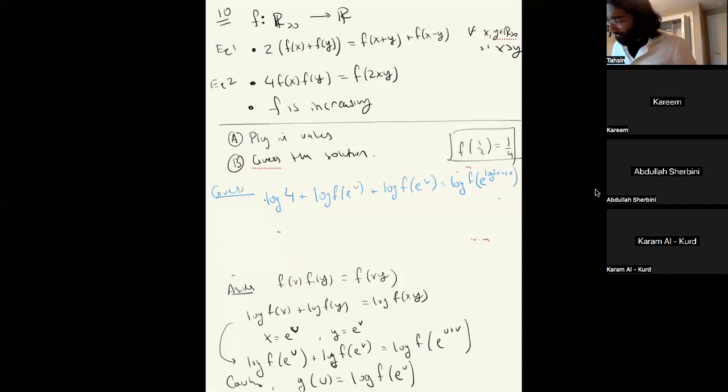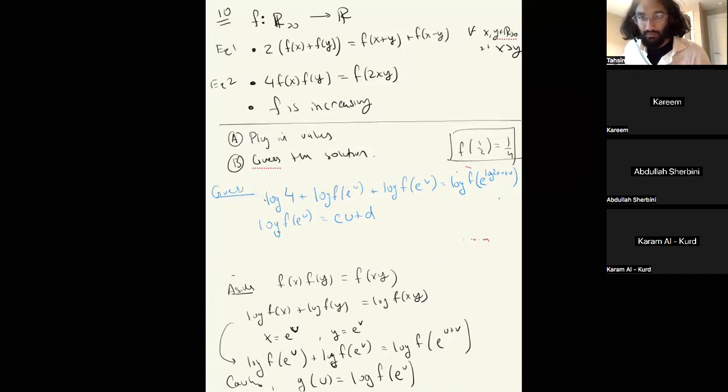But all of this is to say that what we should have is something like log of f of e to the u is something like cu plus d. It should be some kind of linear thing. Does it make sense where I've gotten this from? Kareem and Karam, do you understand what I'm saying?